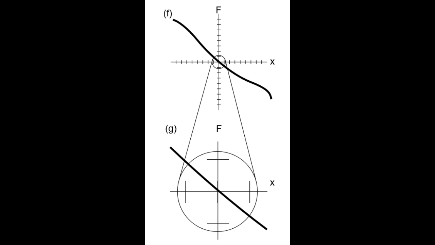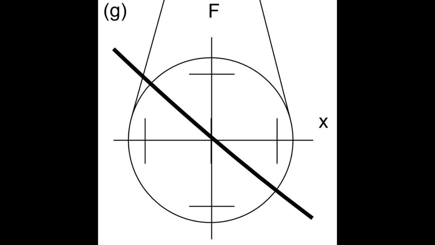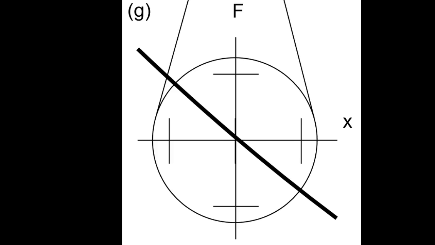This is because any curve looks linear from very close up. If we magnify the F-x graph as shown in G, it becomes very difficult to tell that the graph is not a straight line. If the vibrations were confined to the region shown in G, they would be very nearly sinusoidal.